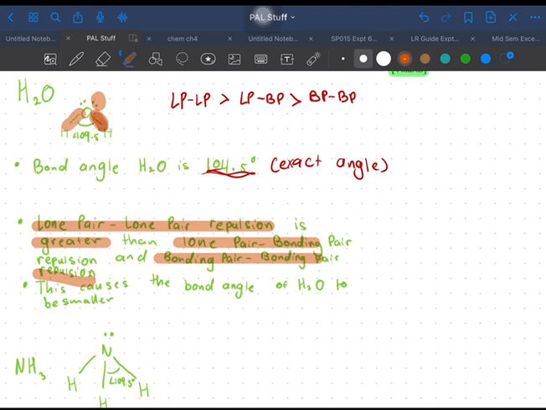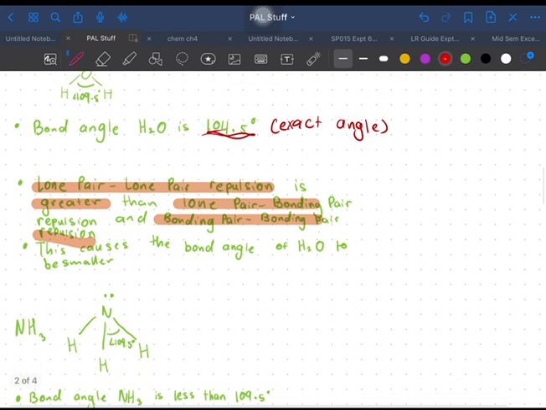So what will happen if one of the forces is greater than the other? This will cause the bond angle of the molecule to be smaller.